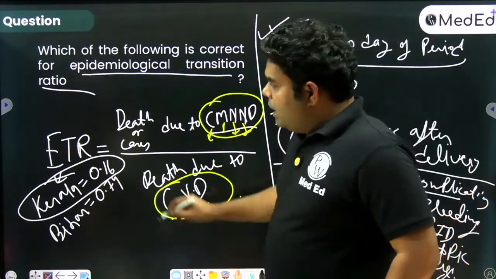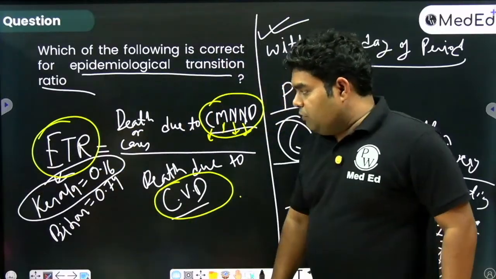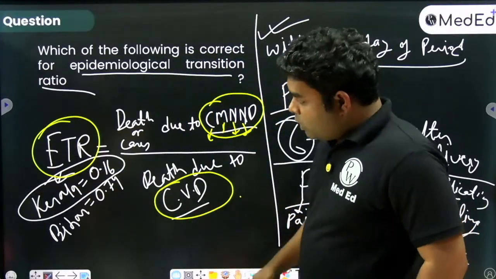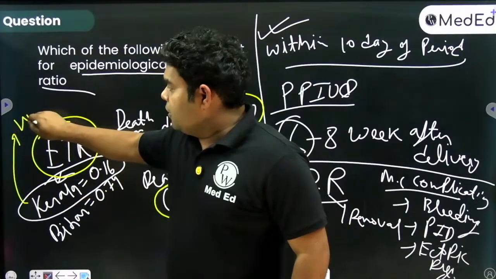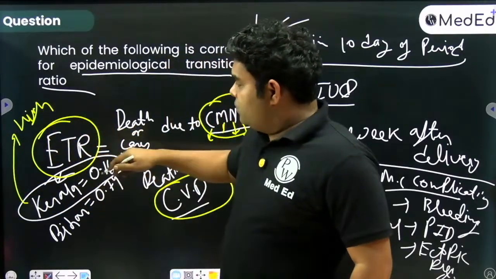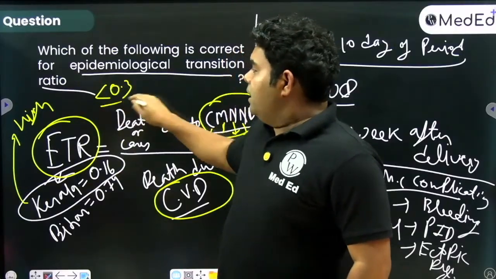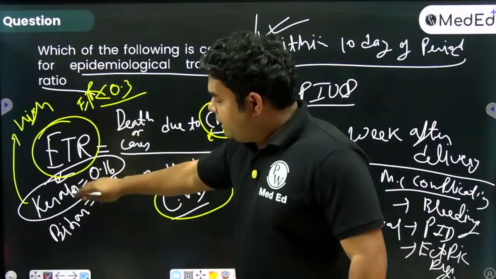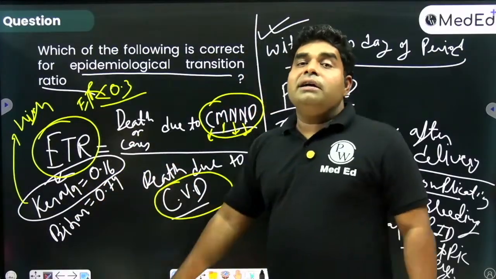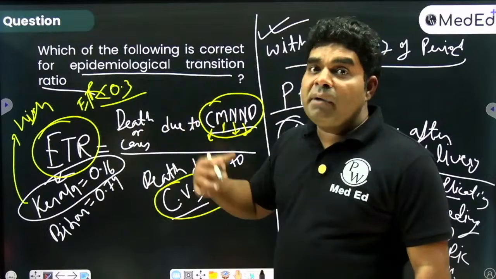So whenever the transition ratio is less than 0.3, it means high epidemiological transition. Like in Kerala, it has already been done. The epidemiological transition has become high.